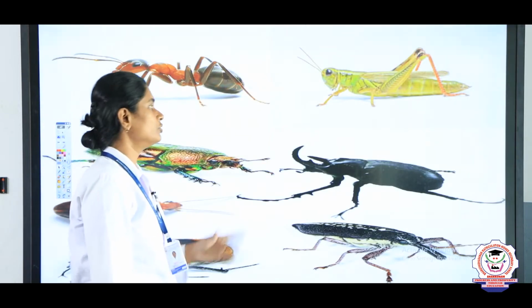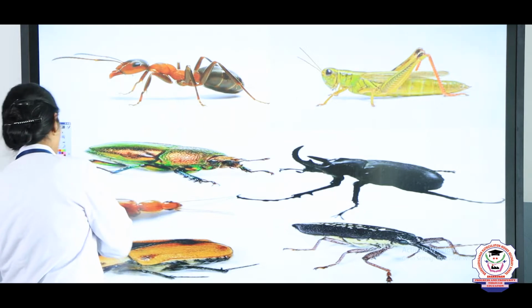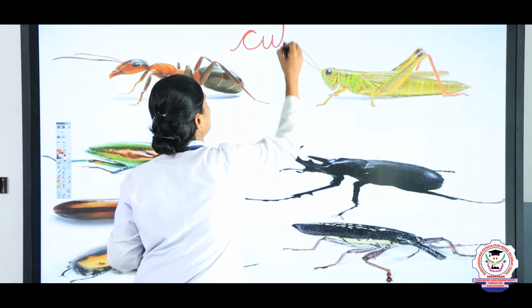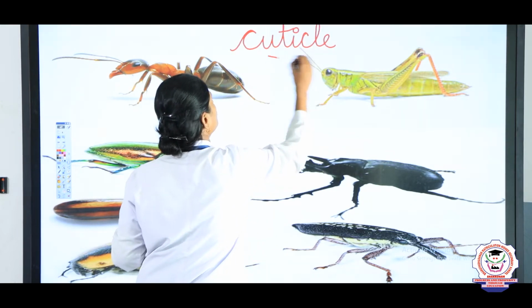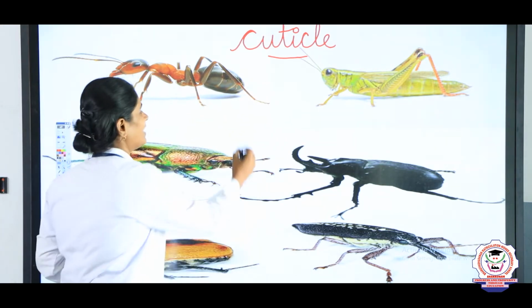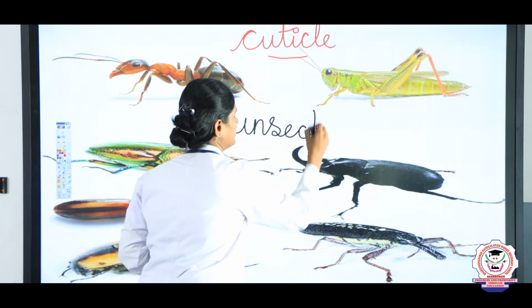First we are going to see about cuticle. C-U-T-I-C-L-E. Cuticle is a body covering of insects. I-N-S-E-C-T-S.